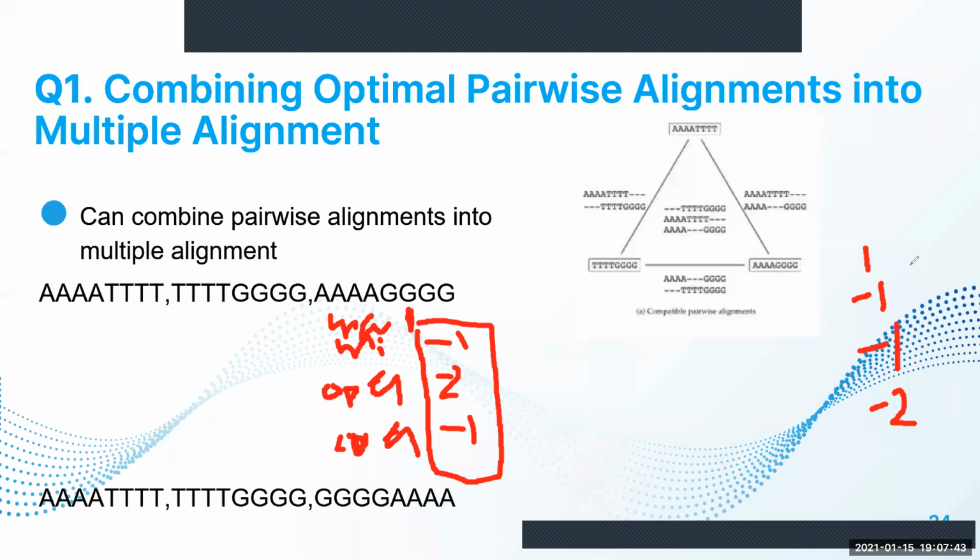We did for some algorithms. What do you mean by algorithms? Local alignment and global alignment. Oh, okay.